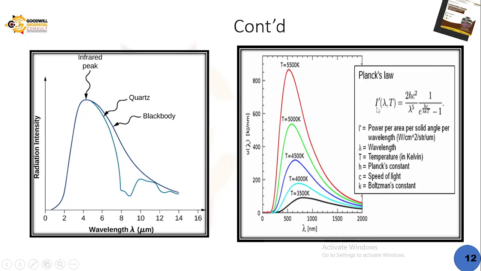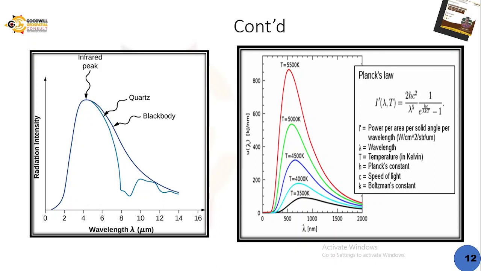Now this here is Planck's law. It says that the intensity of a radiation is a function of the wavelength and temperature, where h is the Planck's constant, c is the speed of light, and T is the temperature of the radiation.